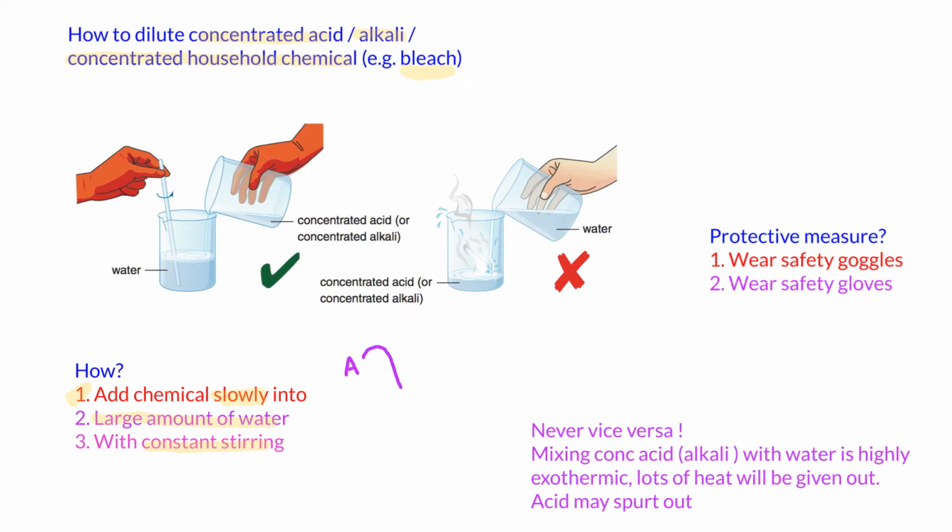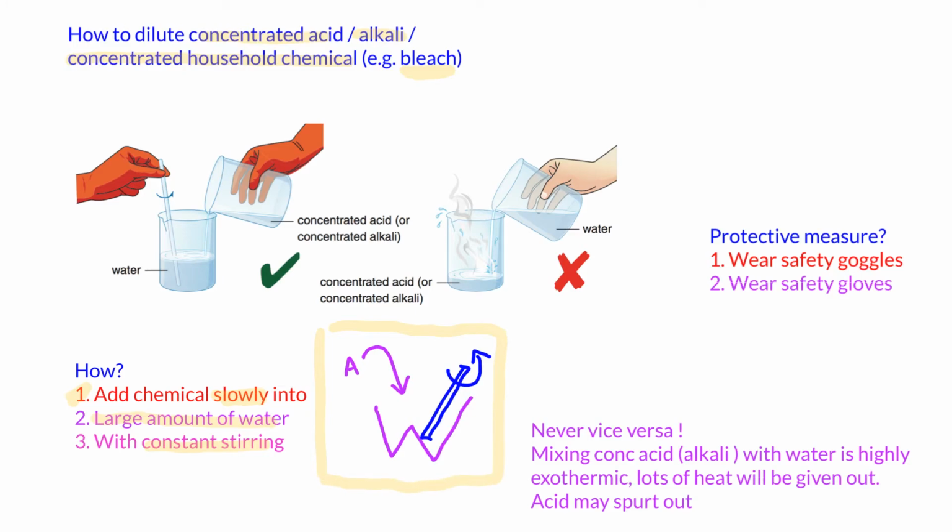So a small amount of A, that means acid or alkaline, is added into a large amount of water, from A to W. Slowly, and together you need a rod with constant stirring. So just memorize the pictures here: A add into W with constant stirring.